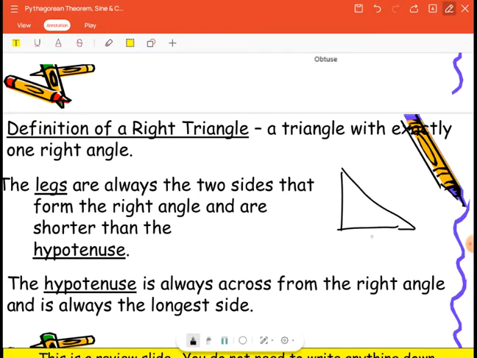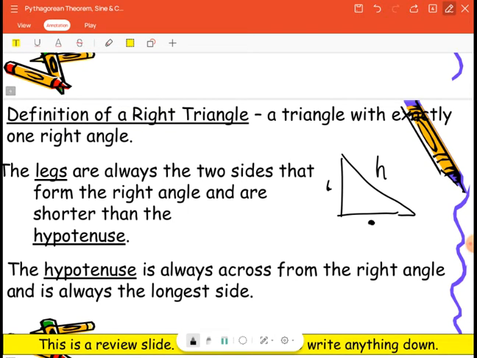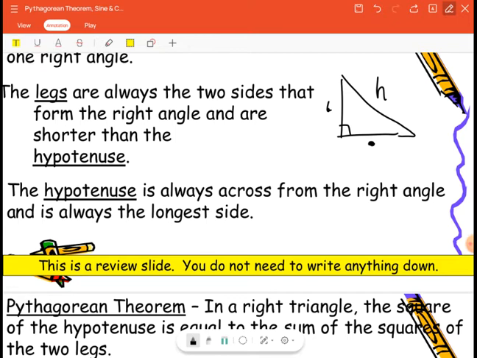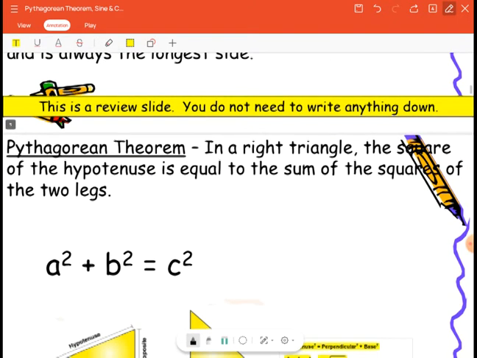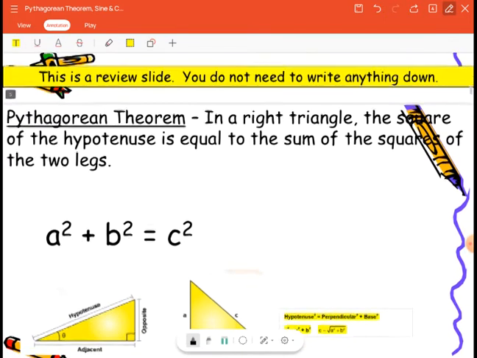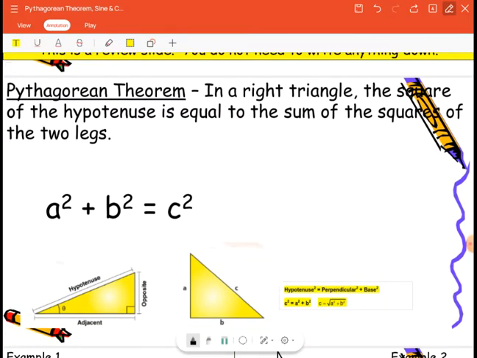Merong longer side, shorter side, and then the hypotenuse. The hypotenuse is always across from the right angle, and it is always the longest side. In a right triangle, the square of the hypotenuse is equal to the sum of the squares of the two legs. Yun yung Pythagorean Theorem.